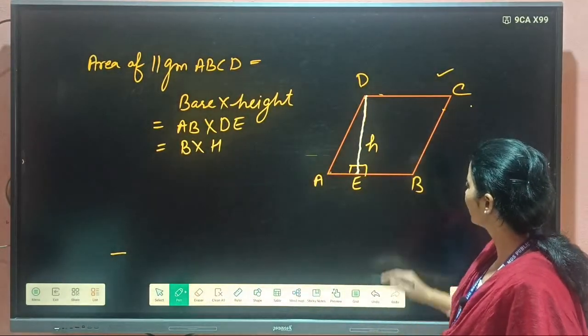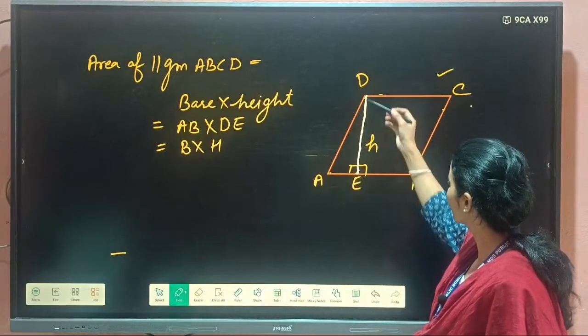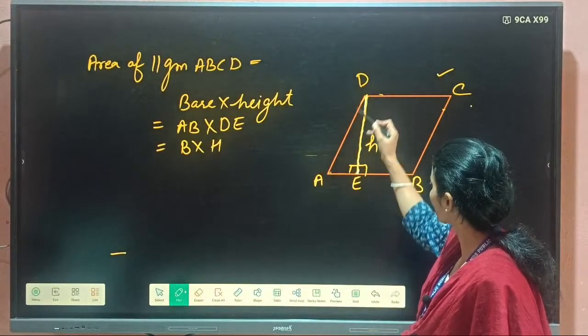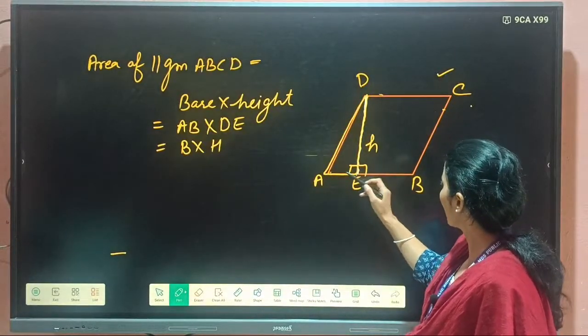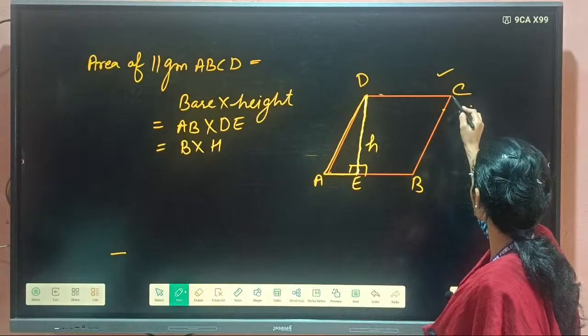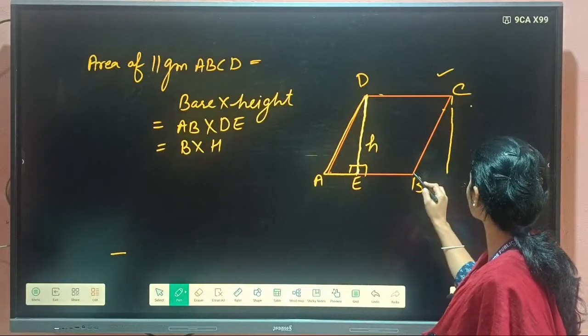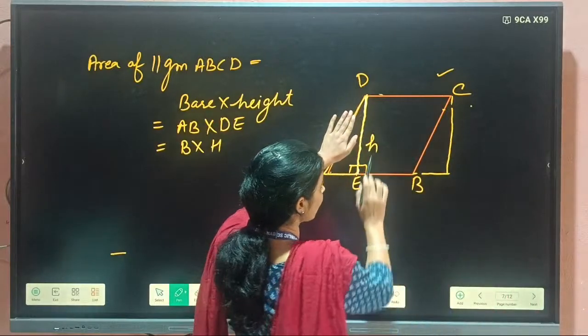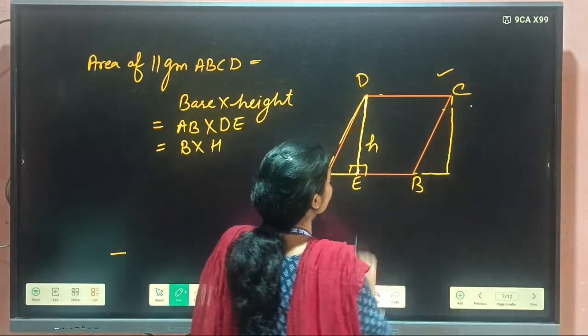After that, draw its height. This DE is the height. You have to trim this triangle, and after trimming, arrange this triangle there.